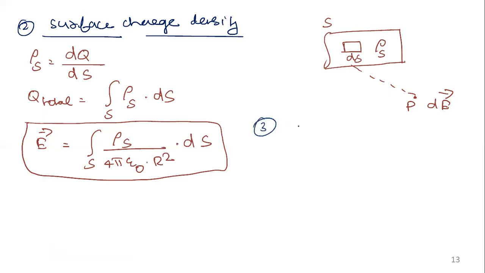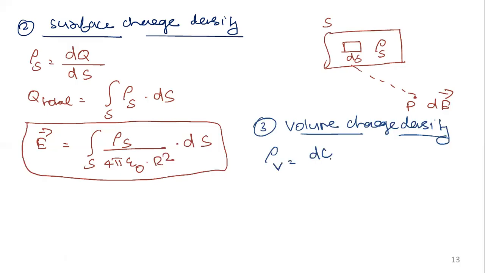So now we have the volume charge density. Here, in the same way, we are not drawing the volume. So rho v is equal to dq by dv. So what will dq be? dq will be equal to rho v into dv.